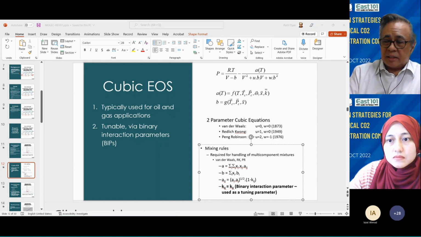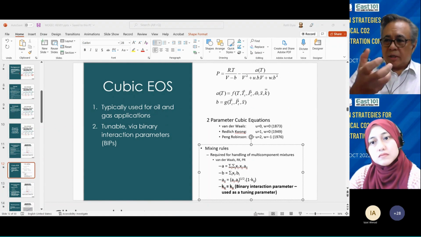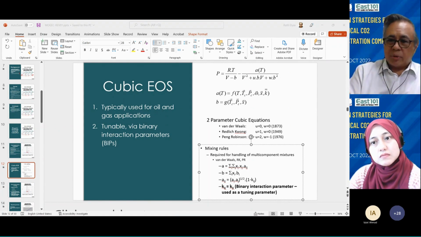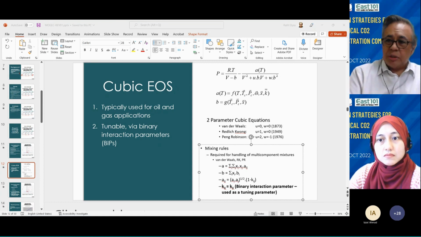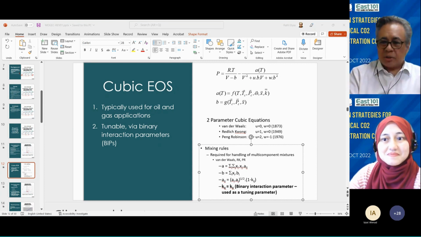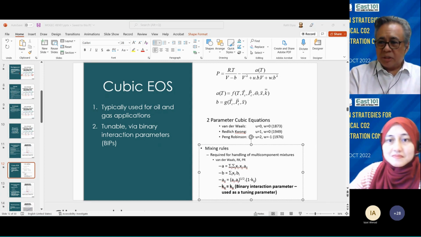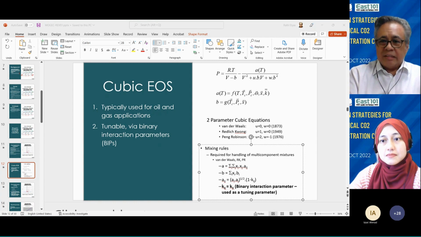I've been asked this question many times. Unfortunately, I've never used it myself because I've already got the Peng Robinson package that I've already tuned. I'd be interested to see some more papers. Honestly, I think I need to read a lot more about these new packages that are coming up, because I'm still used to the old 1970s, 1980s cubic equations of state.